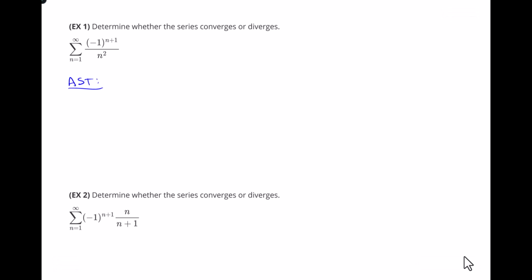Now, we'll look at some series tests that will also apply to alternating series, but in general, I think it's most common that if you see this alternating term, just jump right into the alternating series test.